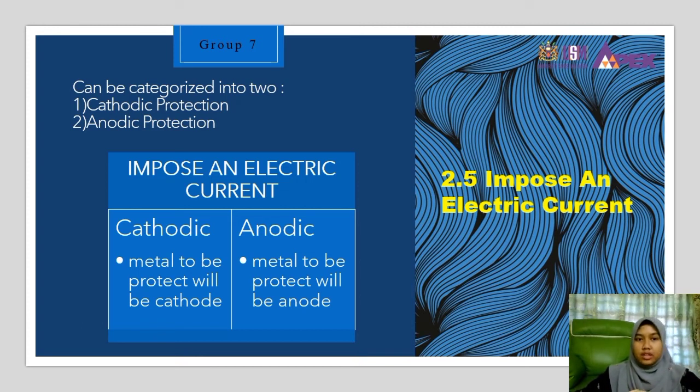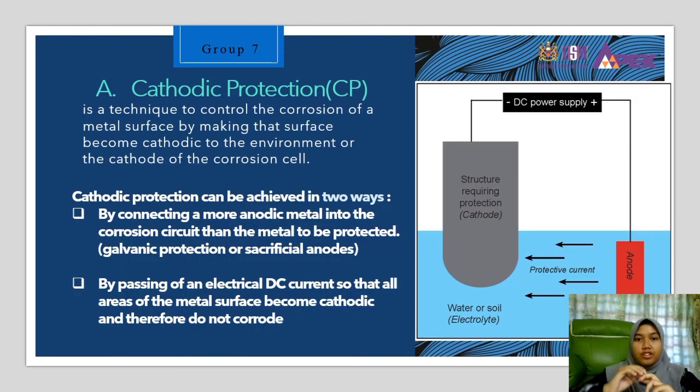Imposing an electric current can be categorized into two, which is cathodic protection and anodic protection. In cathodic protection, the metal to be protected will be the cathode, and in anodic protection, the metal to be protected will be the anode. Cathodic protection is a technique to control the corrosion of a metal surface by making that surface become cathodic to the environment, or the cathode of the corrosion cell.